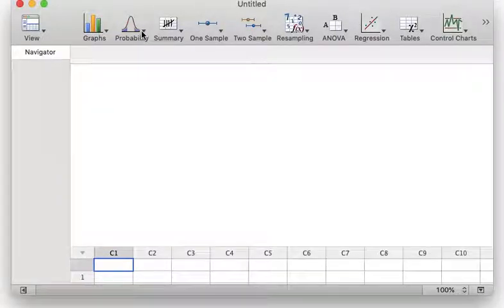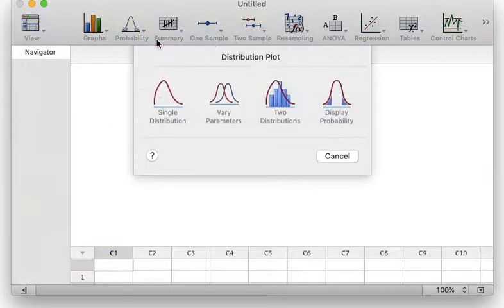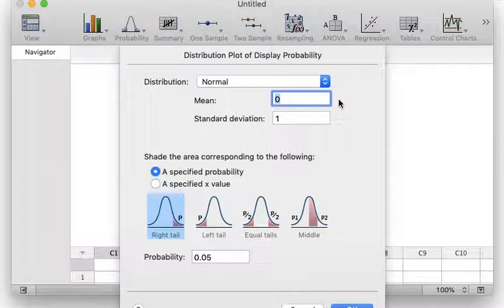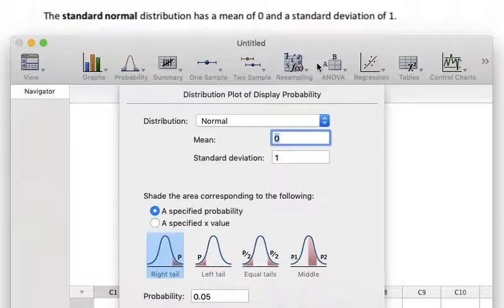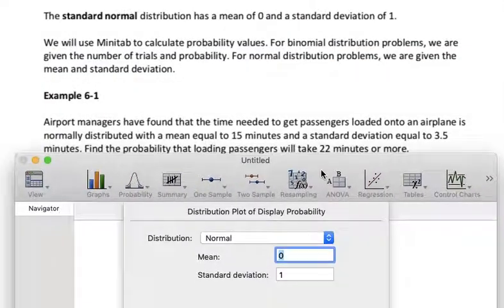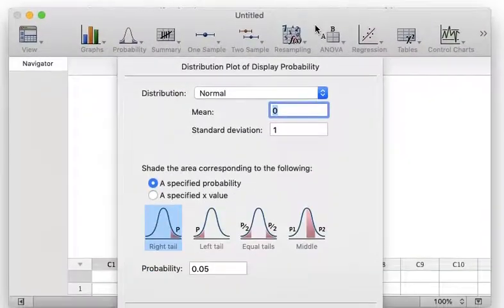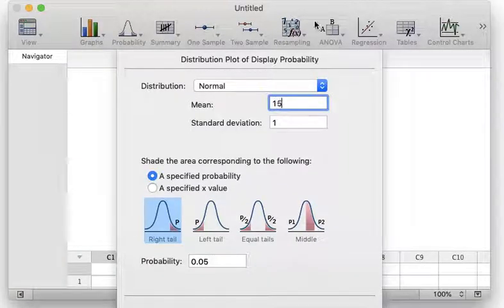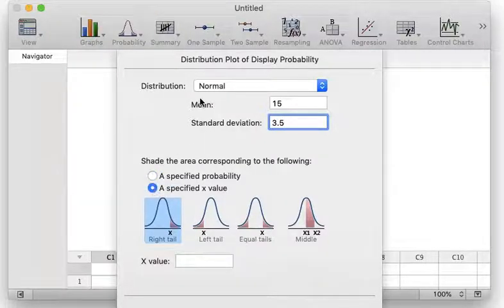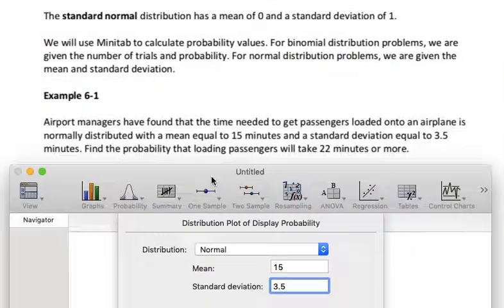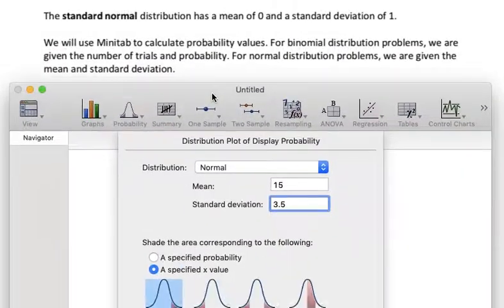And I'm going to go to probability, distribution plot, and display probability, just like we did for binomial probabilities. Now I can leave this on normal because that's what we're using, and I'm going to enter the mean and standard deviation. The mean in this case was 15 and the standard deviation was 3.5. Then I'm going to choose specified x value, and what I want to know is the probability that it will take 22 minutes or more.